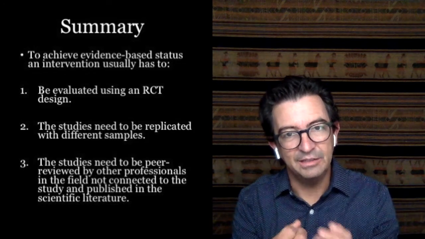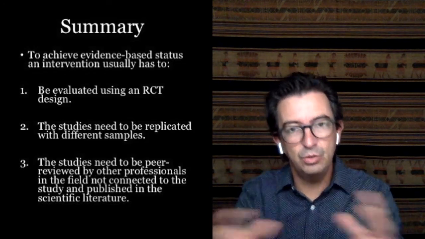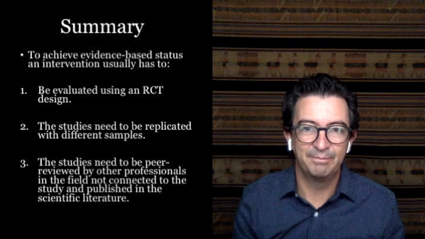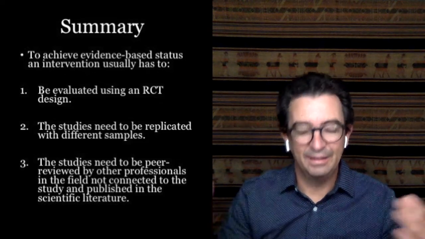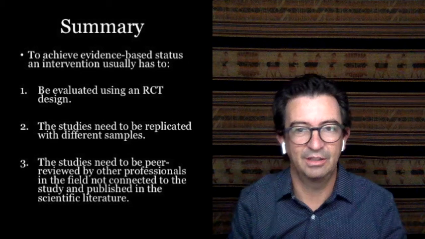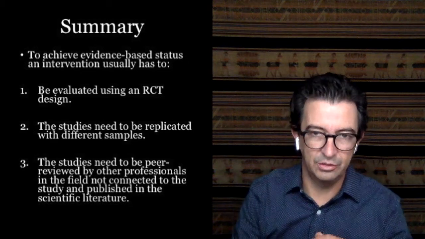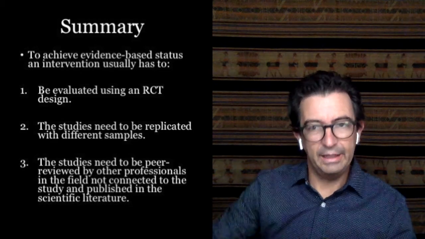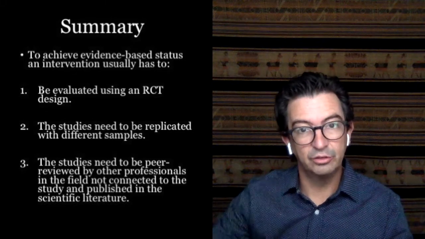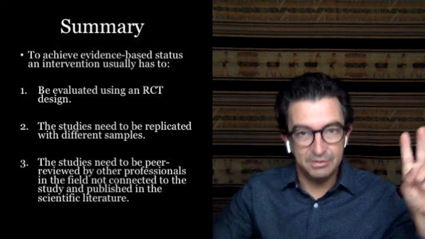And all these studies need to be reviewed by other scientists, and they need to be published in the scientific literature. If an intervention has all those, they will receive evidence-based status because there's sufficient proof that they work.